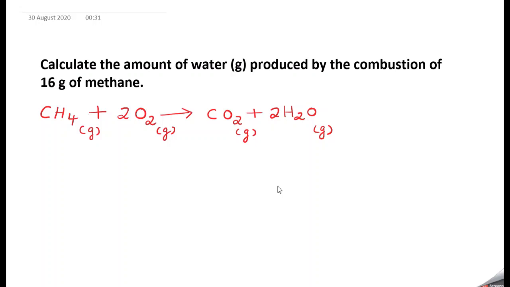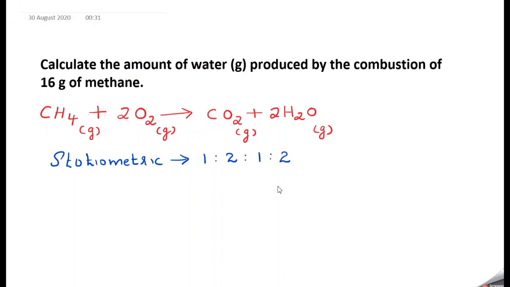Now, what they are asking you to calculate is the amount of water, correct? So first we will write the stoichiometric ratio. What is the stoichiometric ratio here? I can say that it becomes 1:2:1:2.